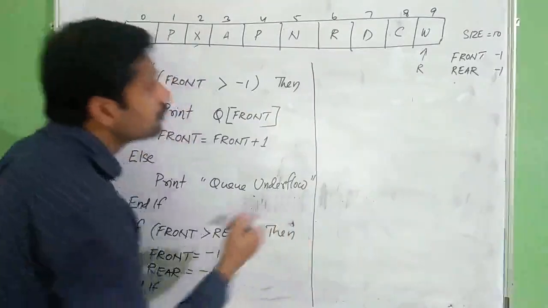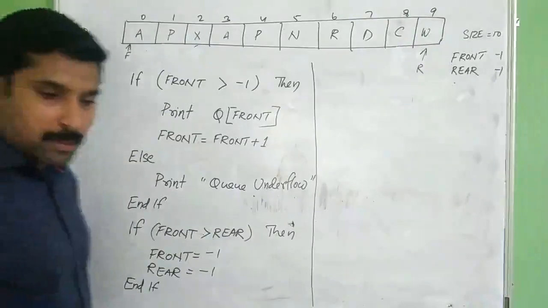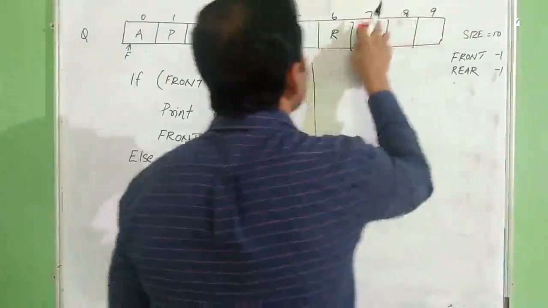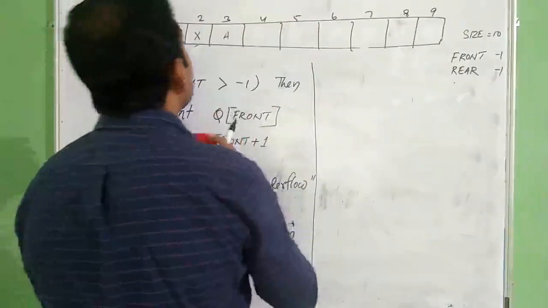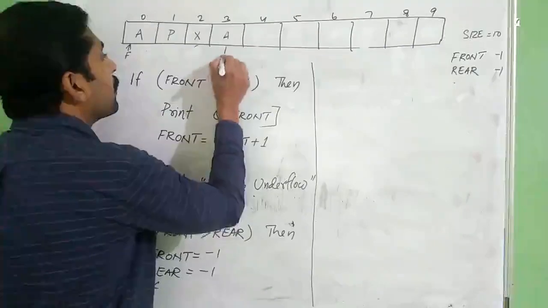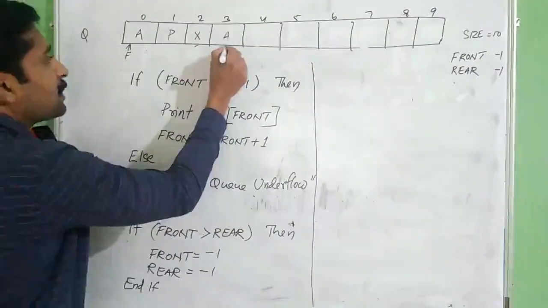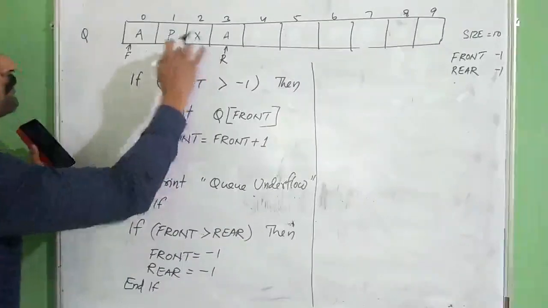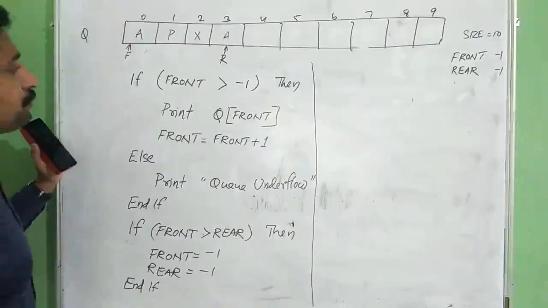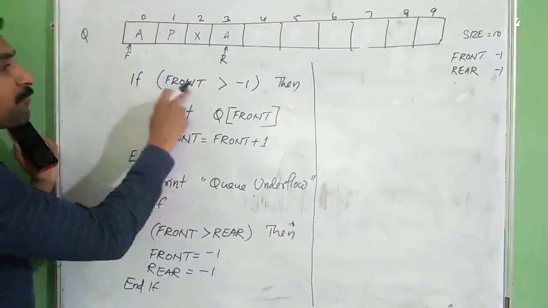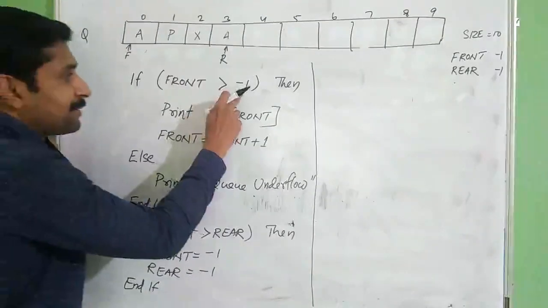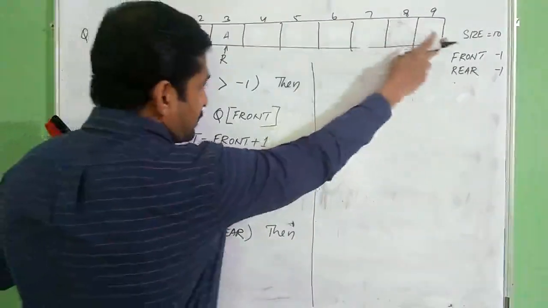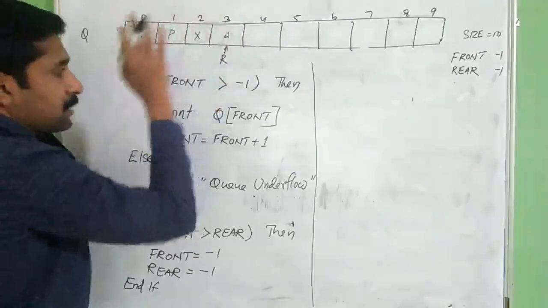Let us see how this works. Suppose for the time being this will be our rear. Now, if the front greater than -1, in this case we have the queue having size 10 and we have 4 items in the queue.